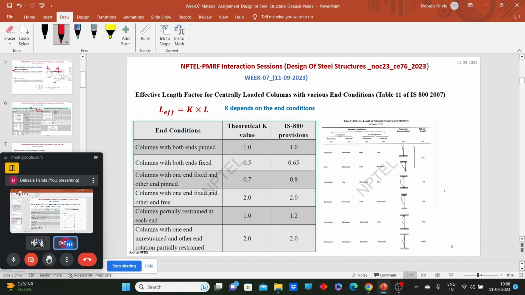For this purpose, the effective length of a column can be calculated using the value of k, which we can find from Table 11 of your IS 800, the length between the points of contraflexure. From this table we can understand, based on the end conditions, what the effective length should be.